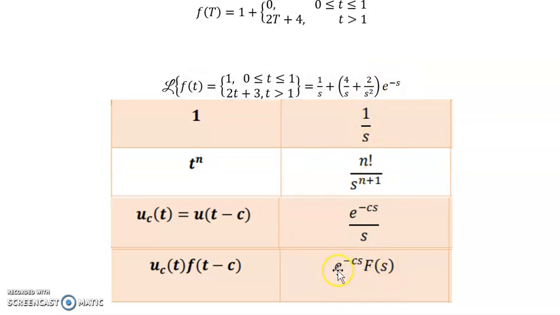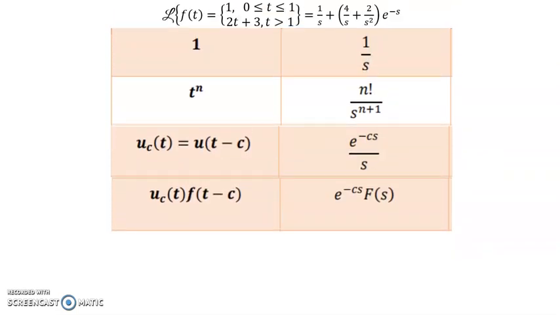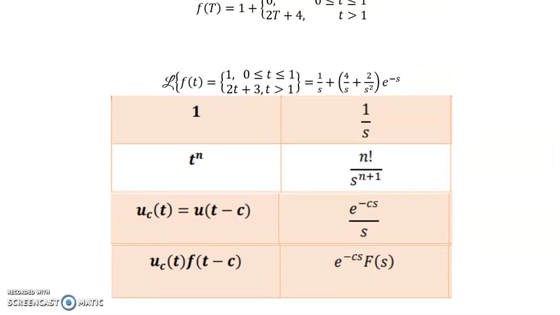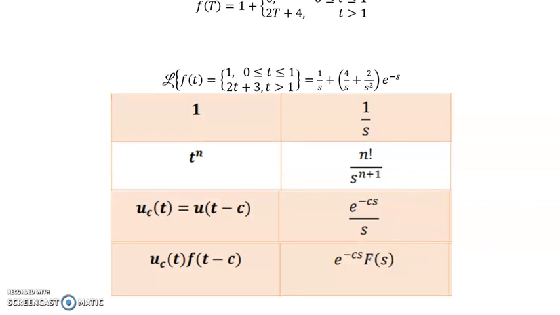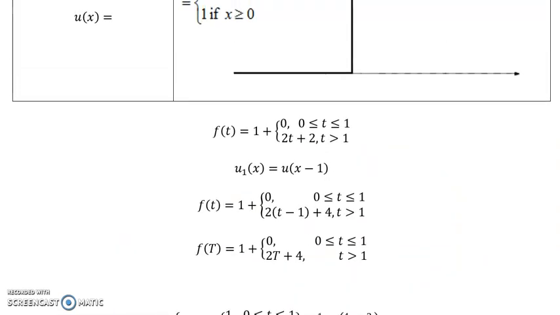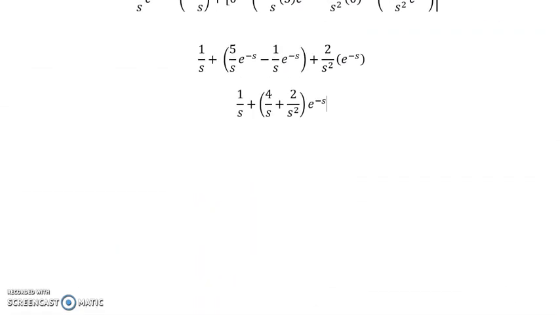And then times e to the negative 1s, because our shift is 1. Our break happens at 1 and not at 0 or any other value. And so you can see that the table is consistent with the calculation that we got using the definition.